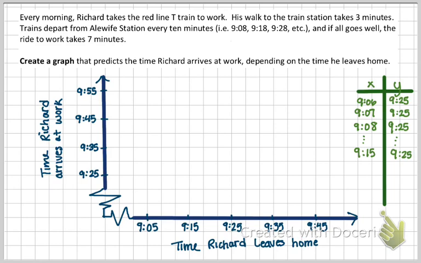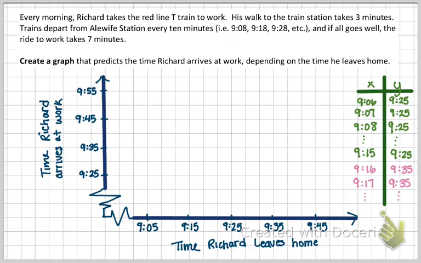But then if he leaves his house at 9:16, he's going to miss that 9:18 train. He's going to have to wait for the 9:28 train. And taking 7 minutes to get to work, 9:28 plus 7 more minutes, now he'll get to work at 9:35. Same thing if he leaves at 9:17, he'll get to work at 9:35.